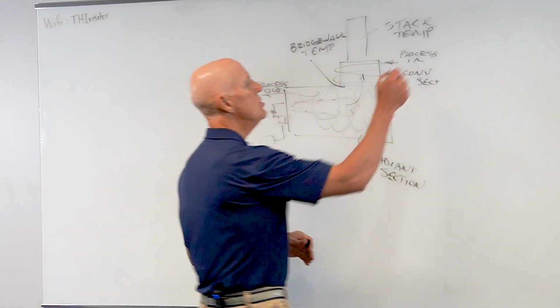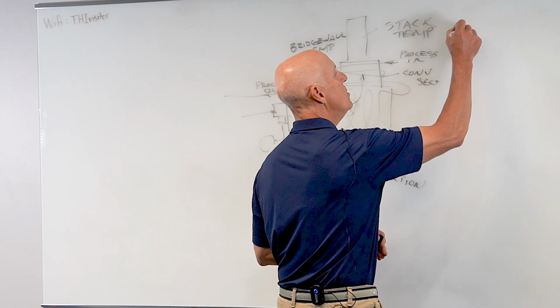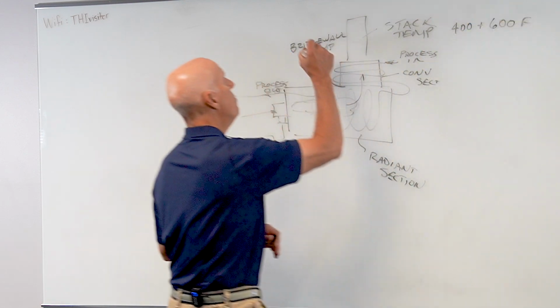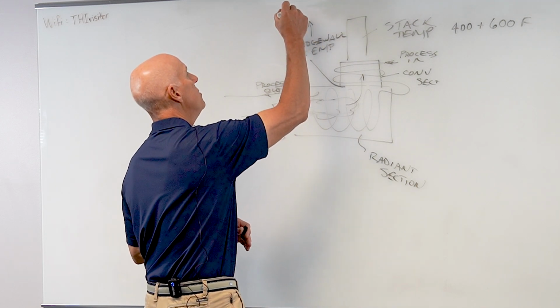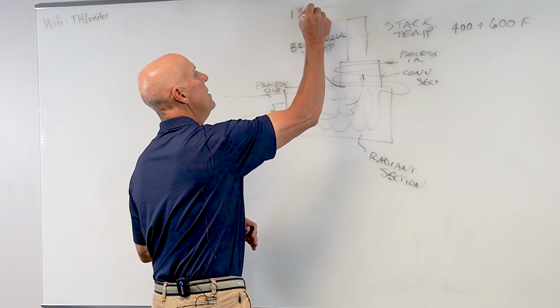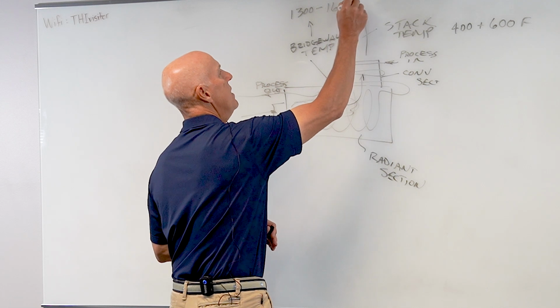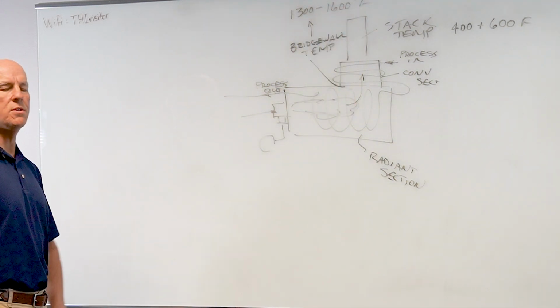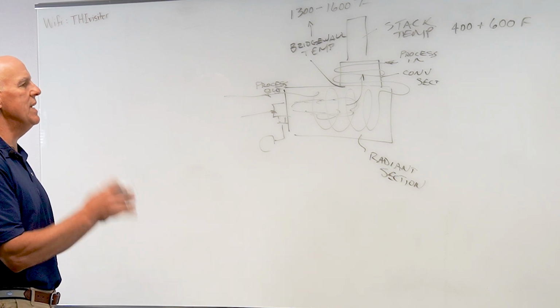Typical stack temperatures are in the range of 400 to 600 degrees F. Typical bridge wall temperatures are in the range of 1300 up to 1600 degrees F. So it's really, really hot. That's the important flue gas temperatures.